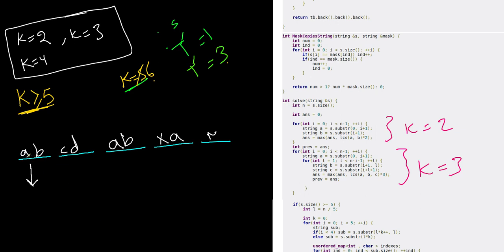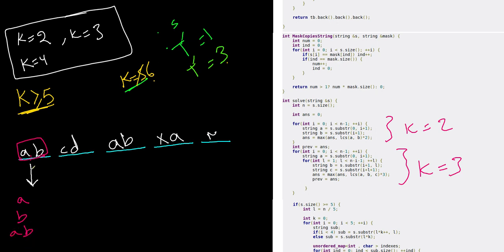So we need to calculate every combination for every part. So for this part we have this A or P or AP.